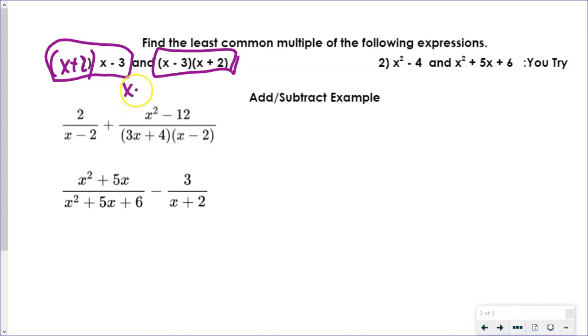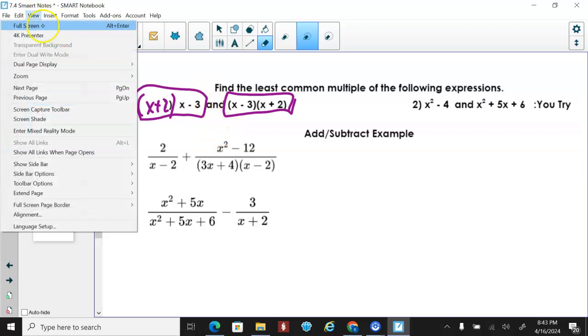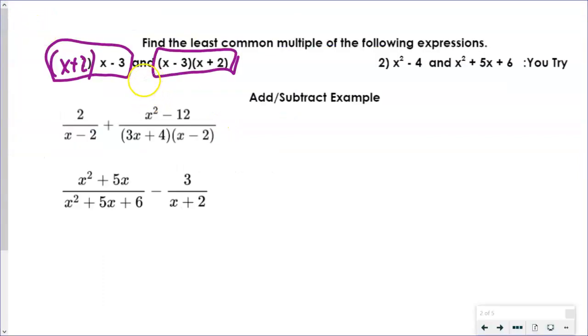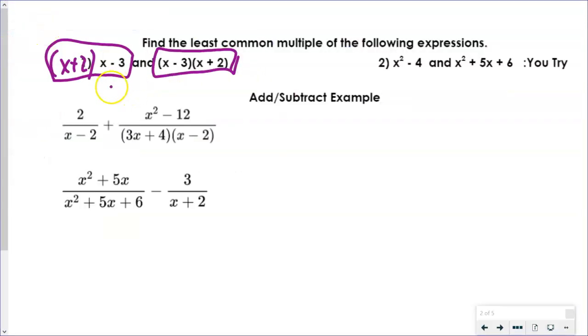It would be x minus 3 and x plus 2 for both, the denominator that they have in common.